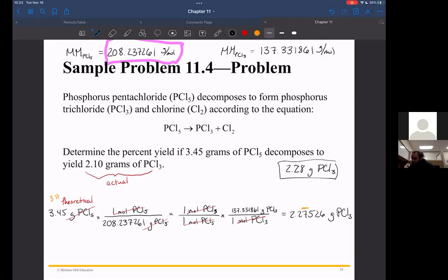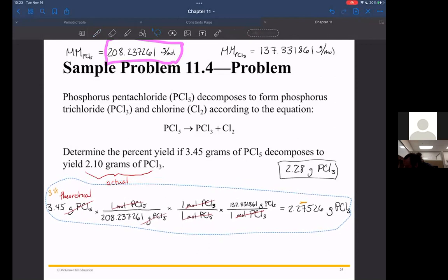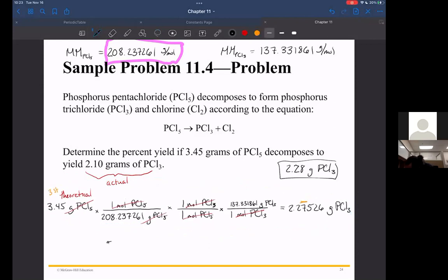Now, when I go to calculate percent yield, I'm going to take that actual amount. So let me actually move this up. All right, so percent yield is actual divided by theoretical times 100. The actual yield is what was given to me. That's that 2.10 grams PCl3.